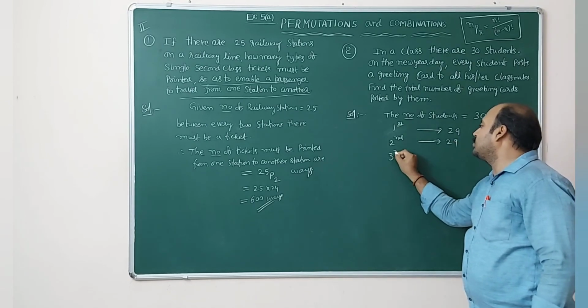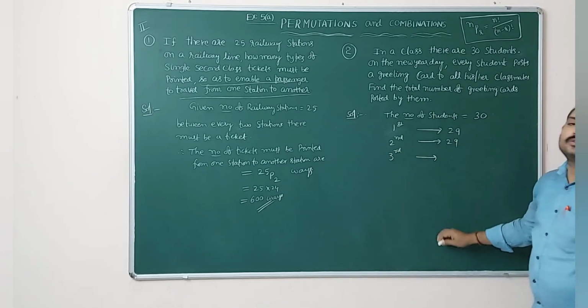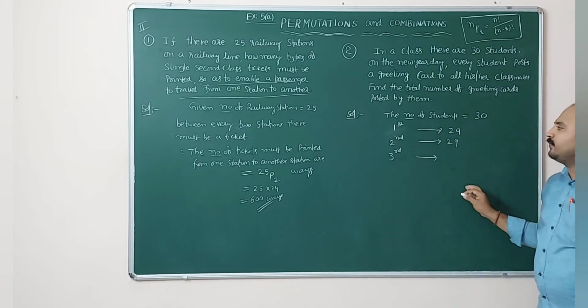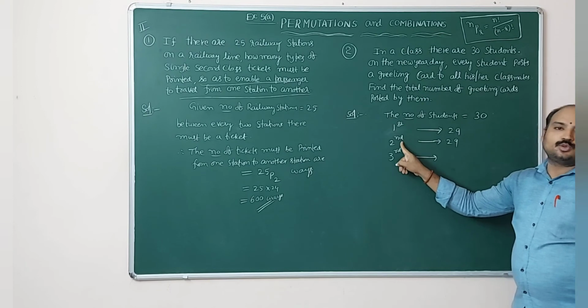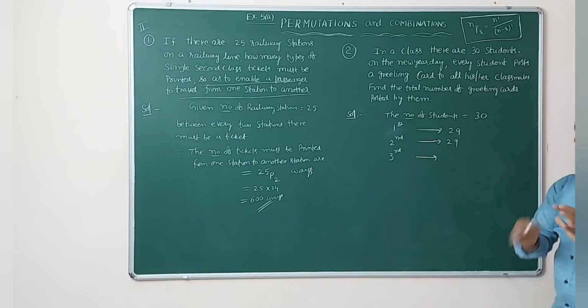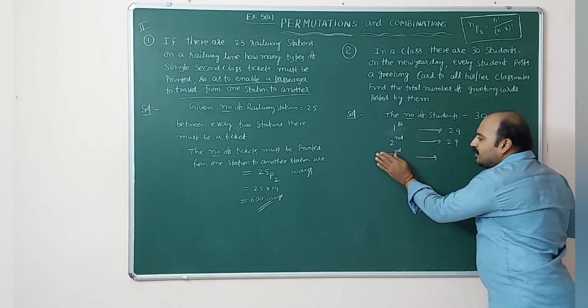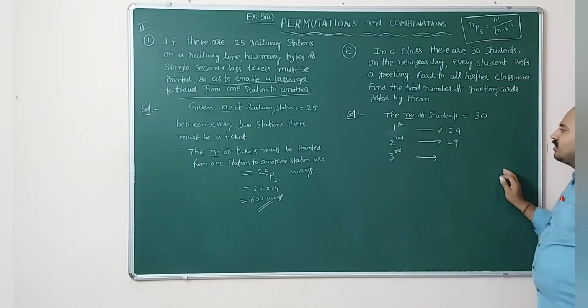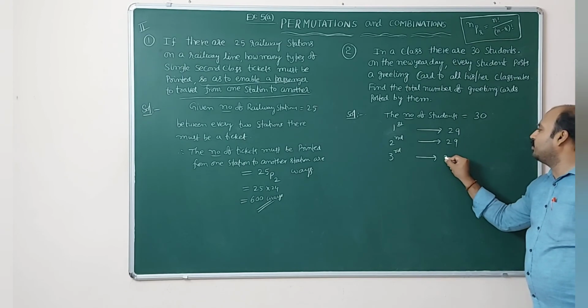And the third student also. Third student, one student we are taking out of 30, and the rest of them 27 plus 2, 29 students are there. This third student will post the greeting card to the other 29 people.